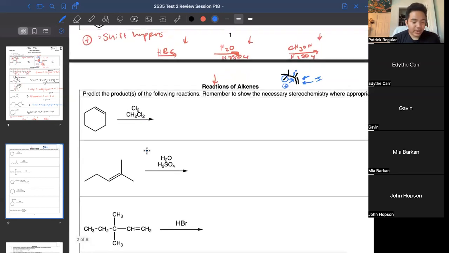So with that out of the way, let's go ahead and just work on these reactions. There's a big difference between a reaction that looks like this and a reaction that looks like this. Can someone tell me what the difference is?